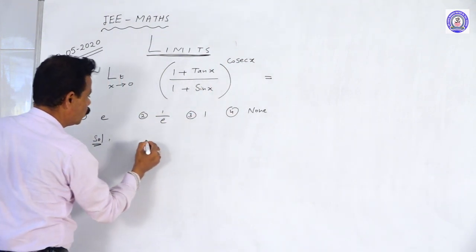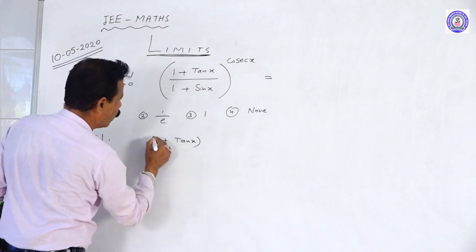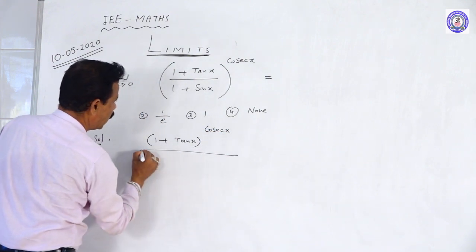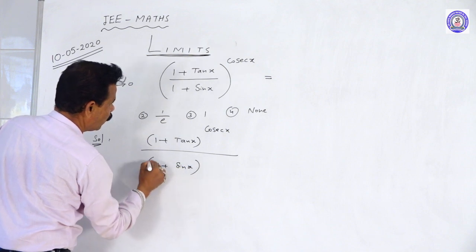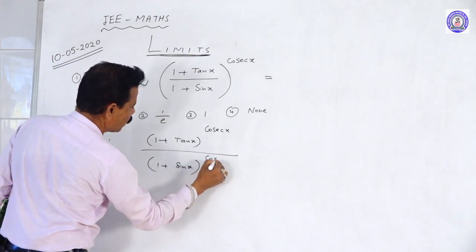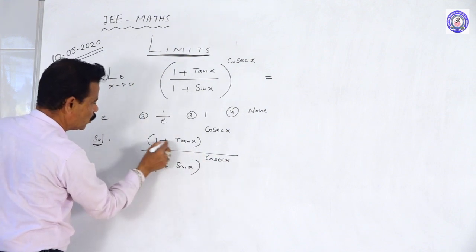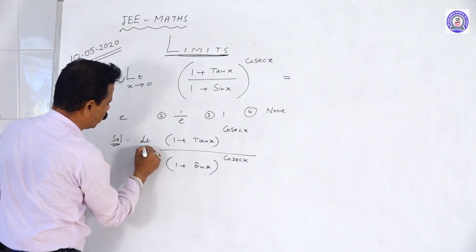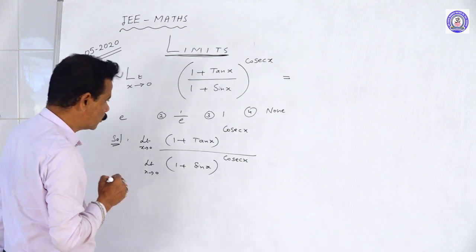Split into (1 plus tan x) power cosec x divided by (1 plus sin x) whole power cosec x. So limit x tends to 0 applies to this and this. Limit x tends to 0. Here also limit x tends to 0.